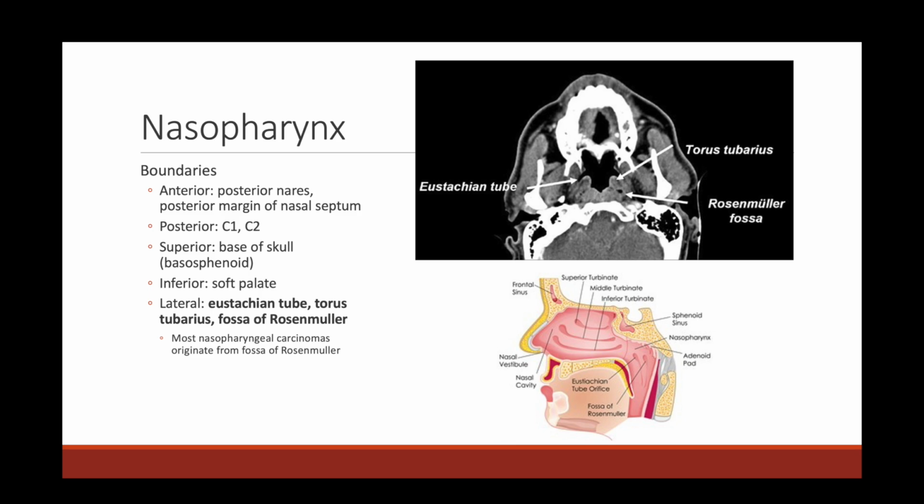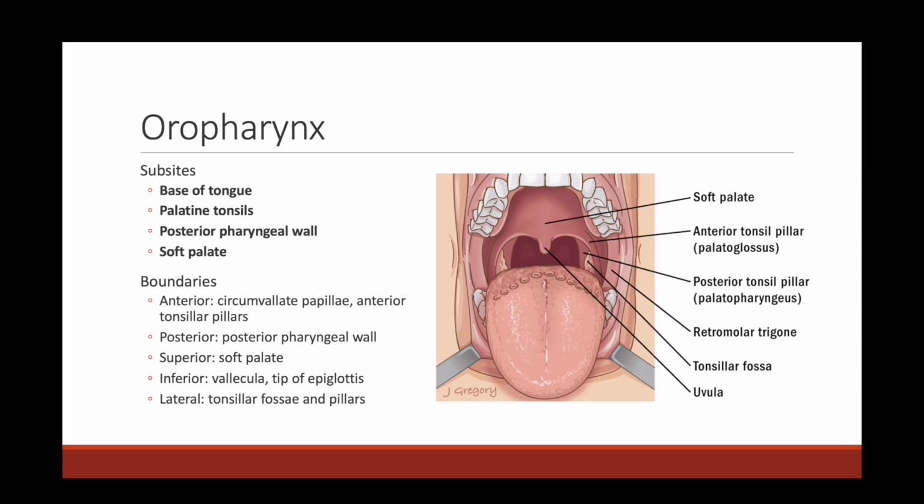And so whenever we have a patient with a nasopharyngeal cancer, we always want to be aware that these cancers can easily involve the base of the skull, they can involve important cranial nerves, and they can actually lead to cranial nerve deficits. And so whenever we're examining our patients with nasopharyngeal cancer, in addition to the head and neck exam and the nasolaryngoscopy, we want to make sure to do a thorough cranial nerve exam and make sure that we don't have any deficits of those cranial nerves. That was the back of the nose.